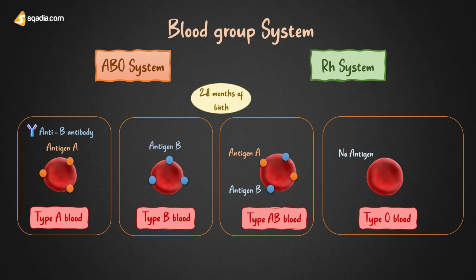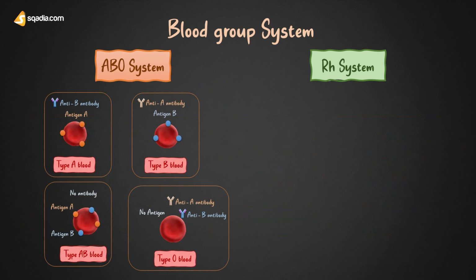Similarly, people with type B blood group, where antigen B is present but antigen A is absent, have anti-A antibodies. Those with type AB blood have neither of the two antibodies, whereas people with type O blood have both anti-A antibodies and anti-B antibodies.